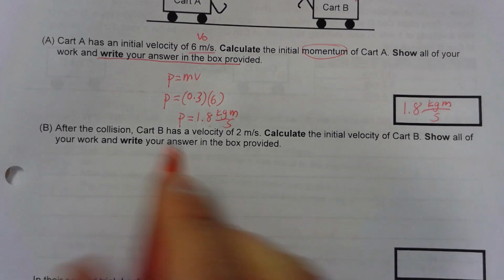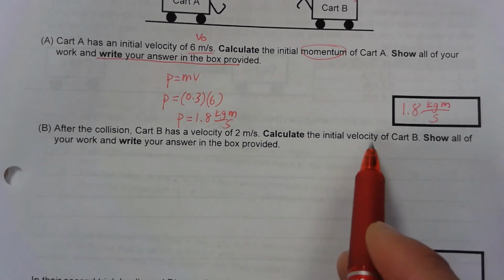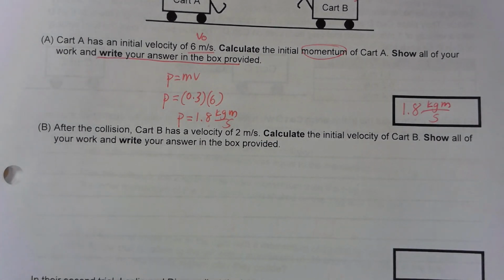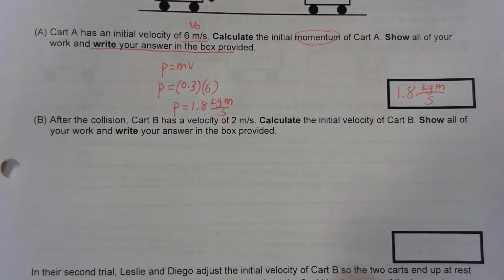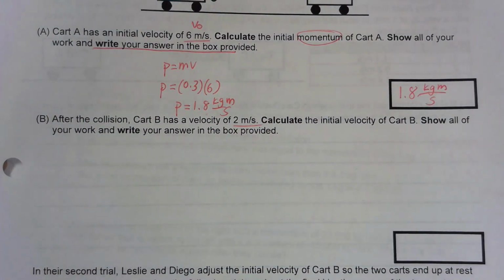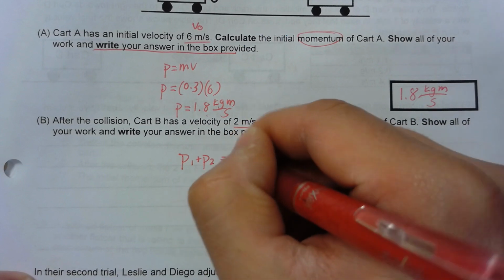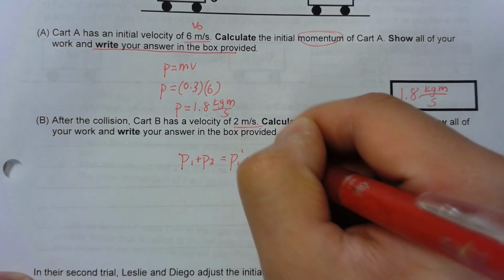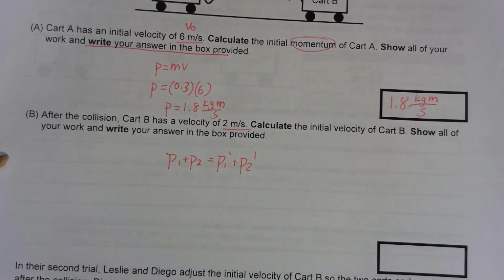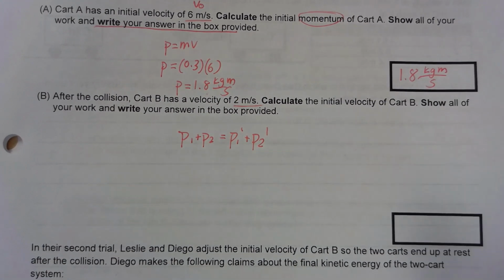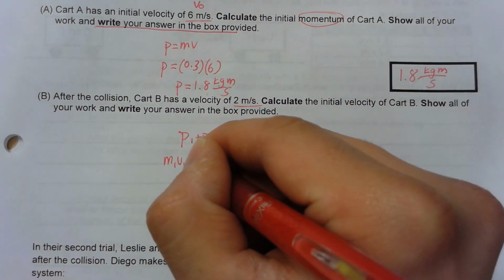Now we want to find in part B the initial velocity of cart B. We want to see how fast it was going at the beginning, now that we're given how fast it was going at the end. So let's set up conservation of momentum. We know the initial velocity of cart 1, so we can actually set this up.